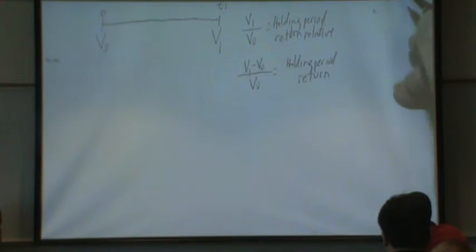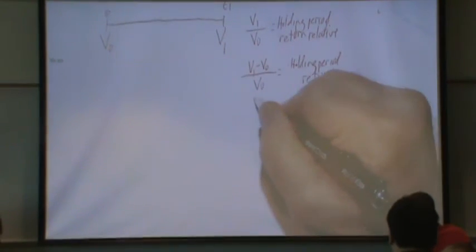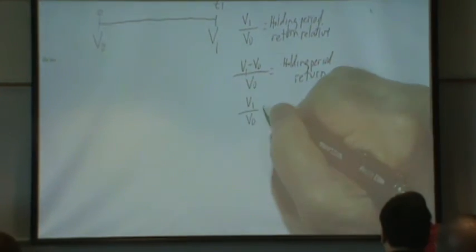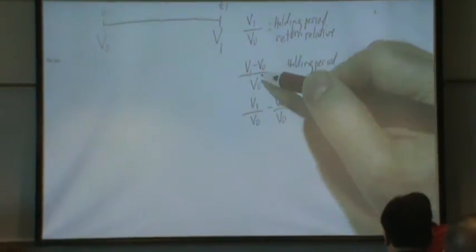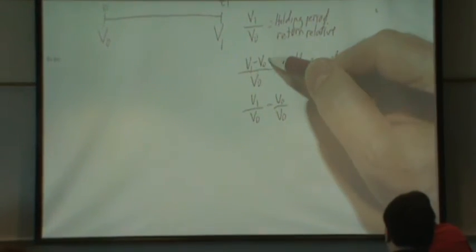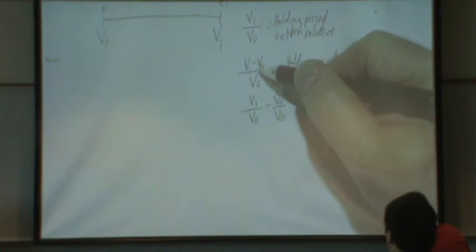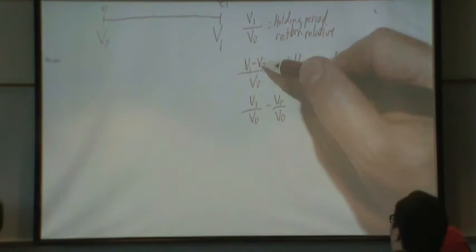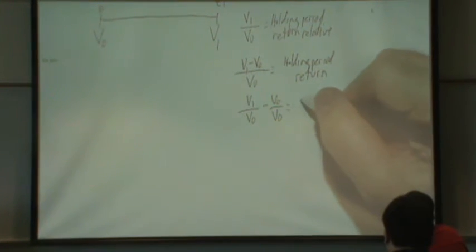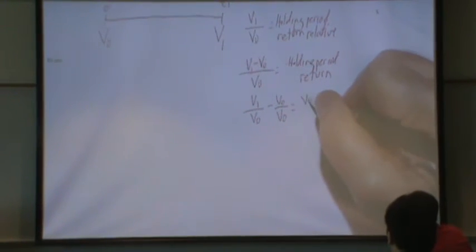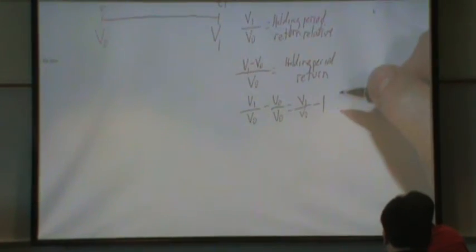Now, note that the holding period return could be restated as V1 over V0 minus V0 over V0. See that? We've got the denominator here, and we're just splitting this out, showing V1 over V0 minus V0 over V0, follow me there. And that's equal to V1 over V0 minus 1.